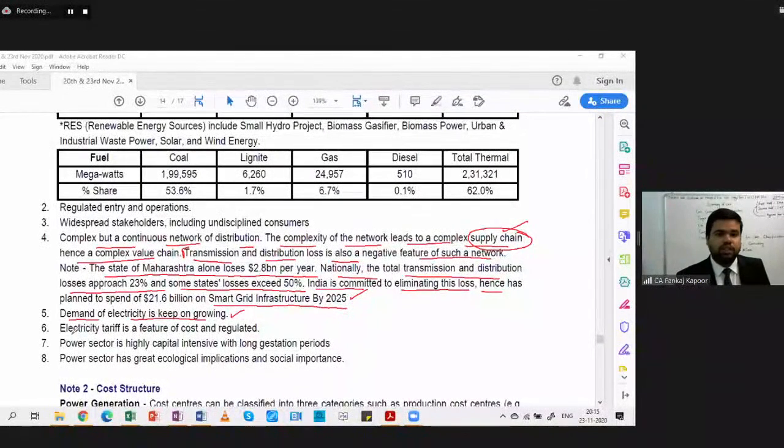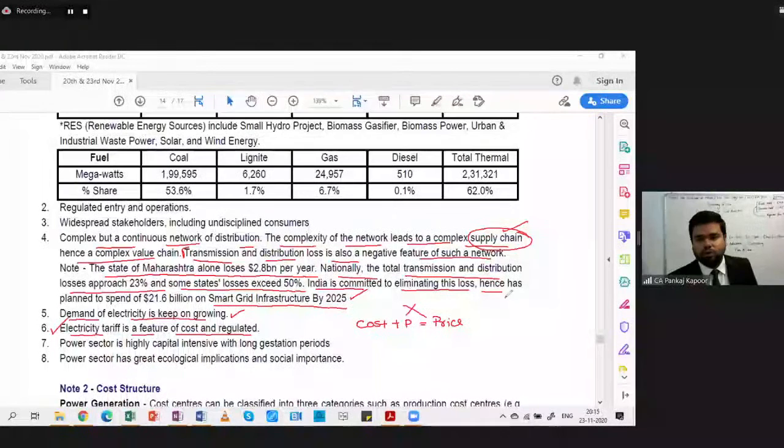Okay, moving further. The electricity tariff is a function of cost and it's a regulated one. Although we said we must move to target costing, we should not incur the cost and add a profit margin in order to decide our prices. We said this should not be practiced. But in electricity, the same practice is still ongoing. Earlier there was the Electricity Act of 1948, then the Electricity Act changed. Now the Electricity Act of 2003 is in place.